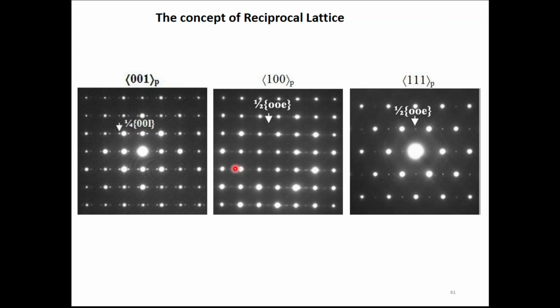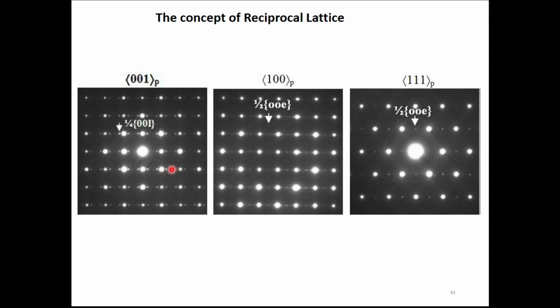Okay, so we have two sets of electron diffraction spots. Major spots, like the ones you see in here, and then minor spots. Some minor spots can be easily seen between two adjacent major spots in horizontal rows.